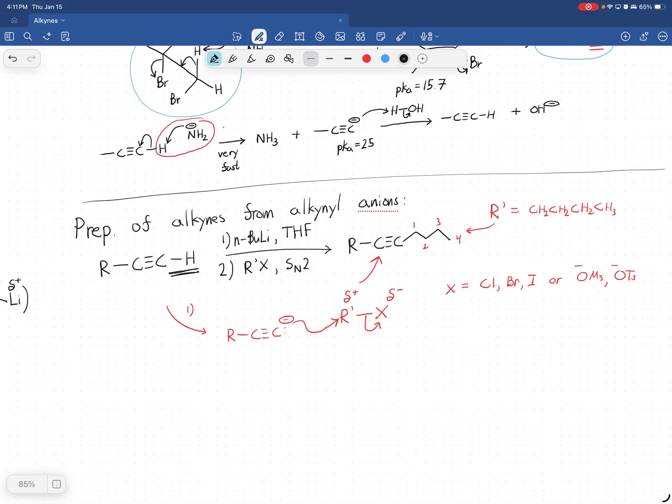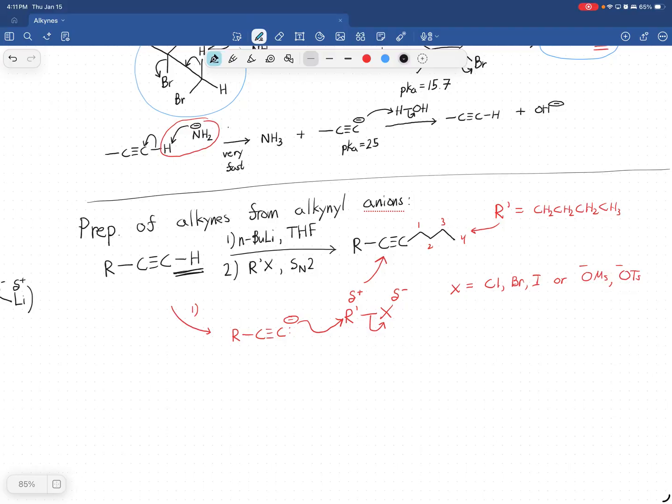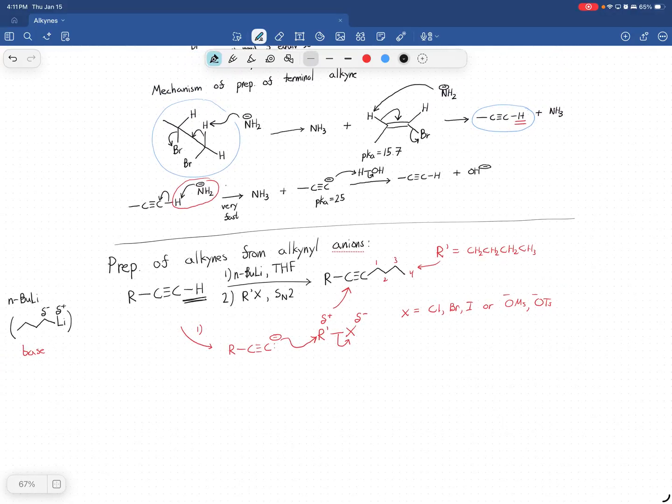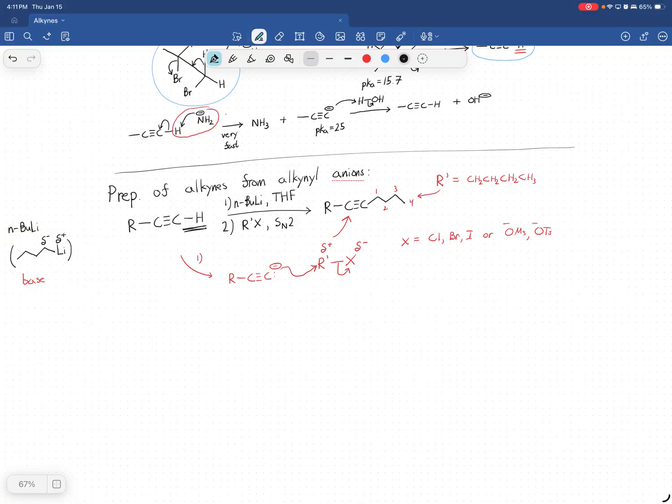You make a reactive intermediate, and you can react it with something else, and you can actually build up the molecule like that. So that's one way to prepare alkynes from alkyl anions. You deprotonate with a base and do SN2 type chemistry with an alkyl halide. Okay, so there's two different reagents we can make.